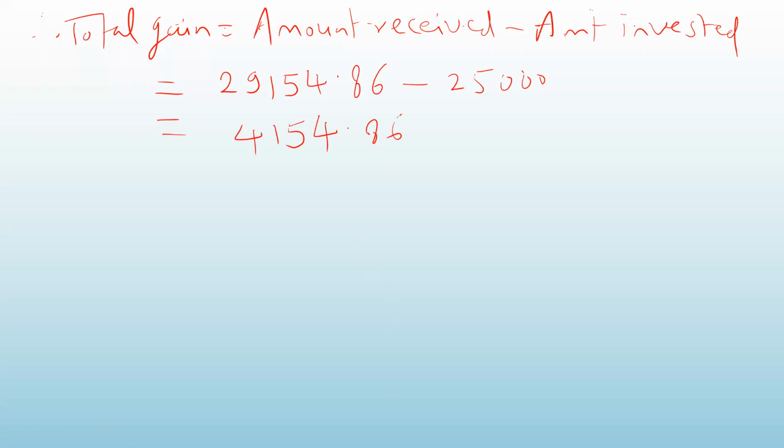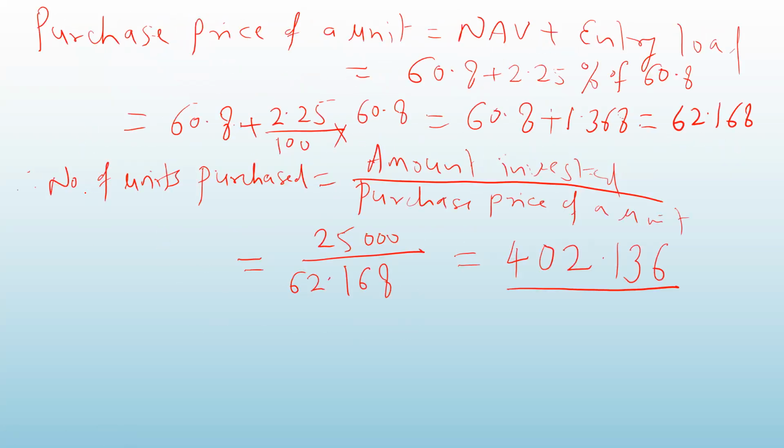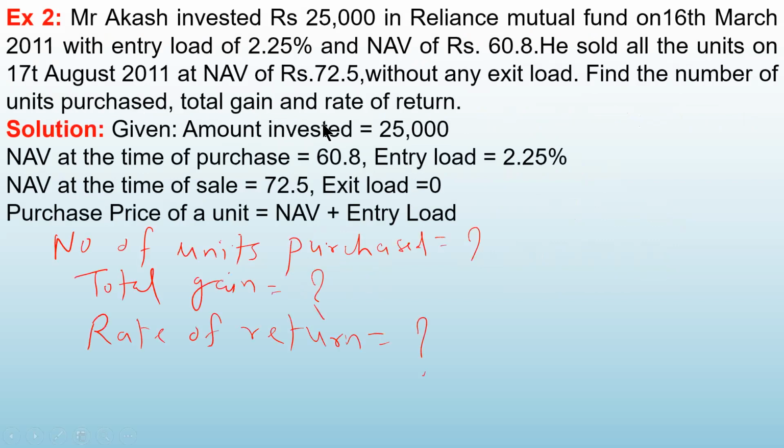Correct now? So we have found out the total gain. Now what else you have to find? Rate of return. That also you have to calculate.